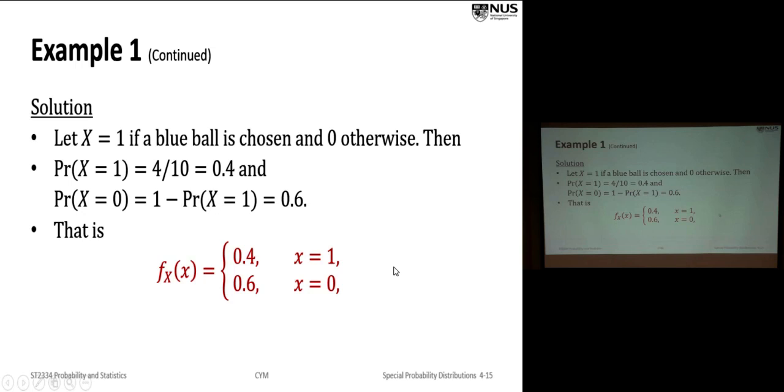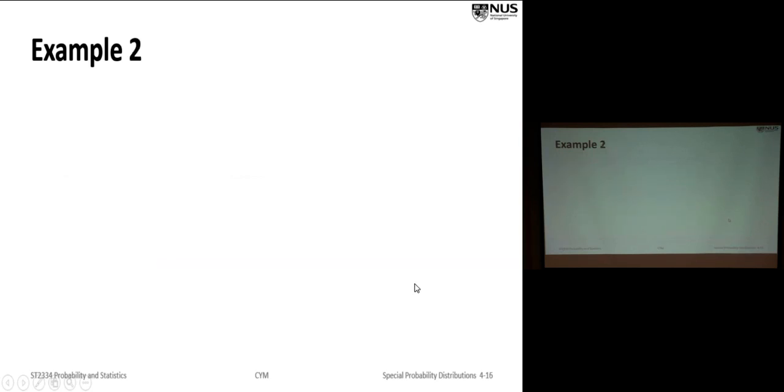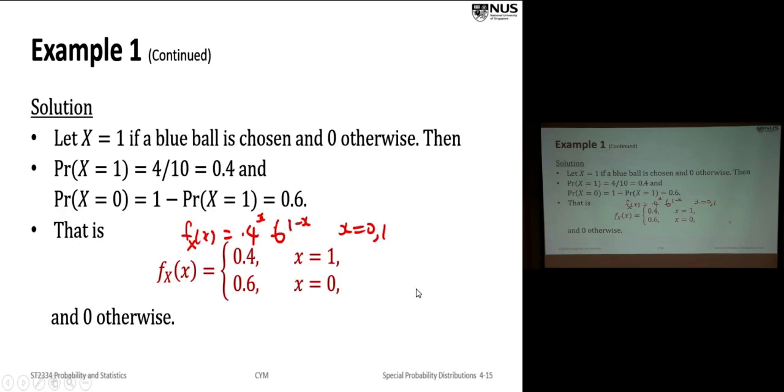So I can write the probability function as 0.4 to the power x times 0.6 to the power 1 minus x, for x equals 0 or 1, and 0 otherwise. In other words, the probability of getting x equal to 1 is 0.4. You just substitute x equal to 1 and you get 0.4.